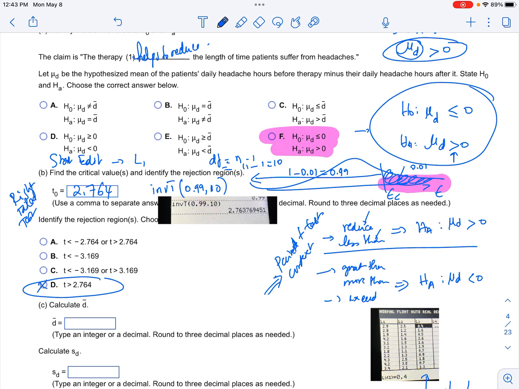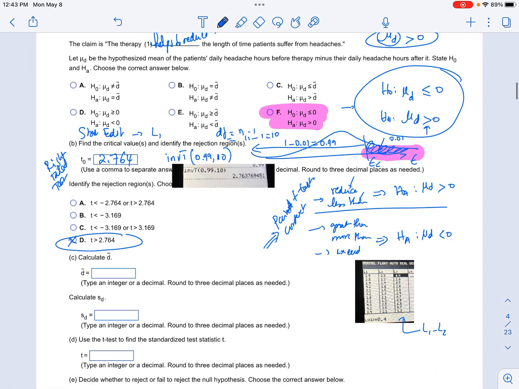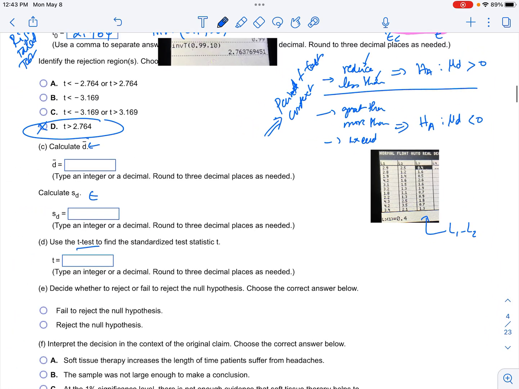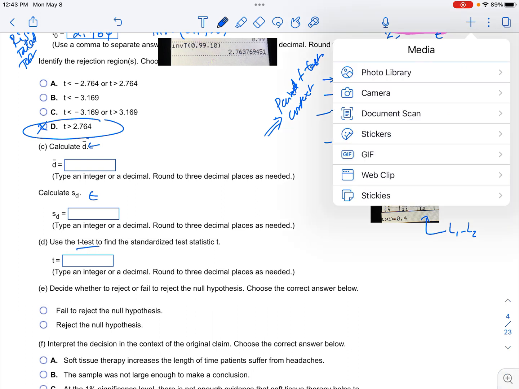So far, so good. Now they want you to find the mean pair data, the SD, the t-test. Once you have all the data inside, just like me, everything becomes easy because you go to stat, test, t-test, right? I'm going to show you guys my screen.